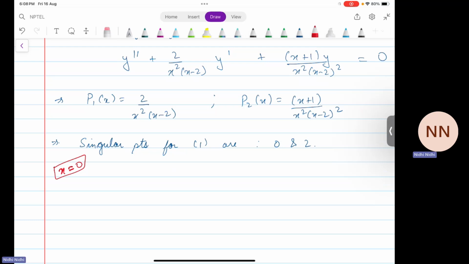So let me start with the definition. Let's recall the definition.